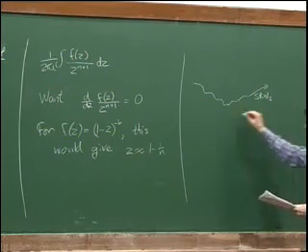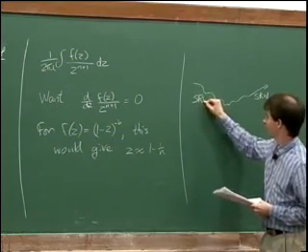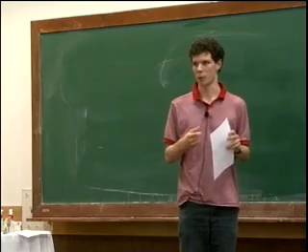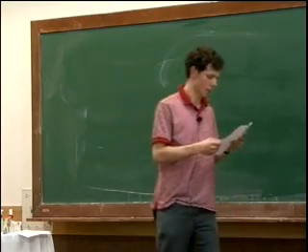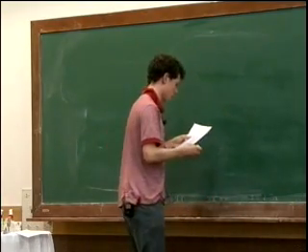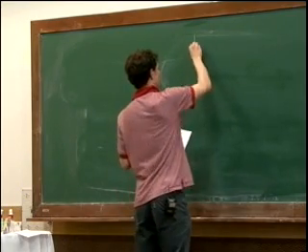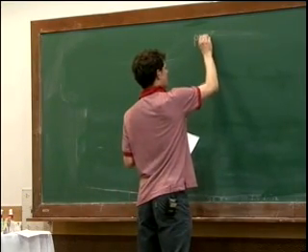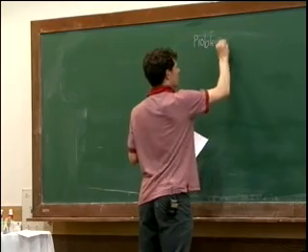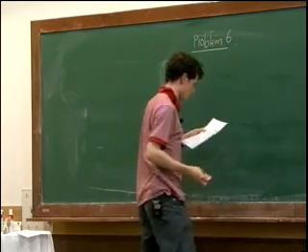So problem number 6 is an exercise that I assume most people have probably seen before. It's the relation between... So maybe let me write it down, but not say too much about it. So problem number 6 states the following.